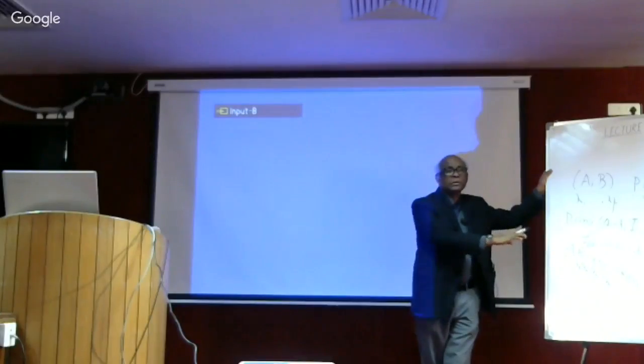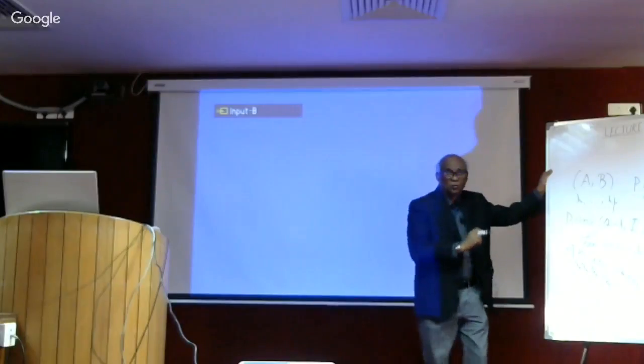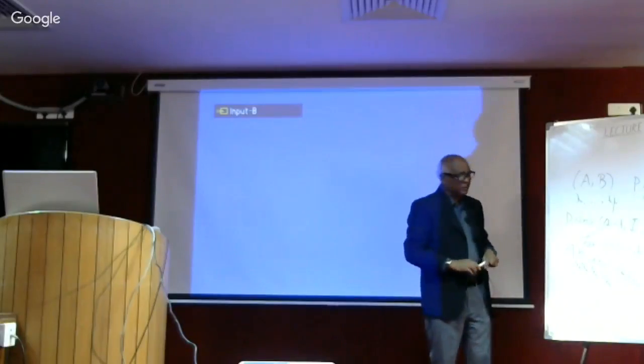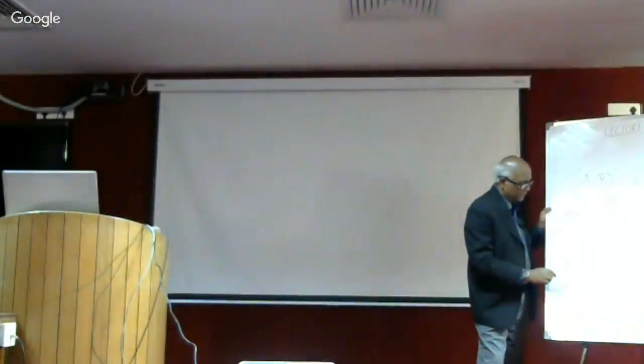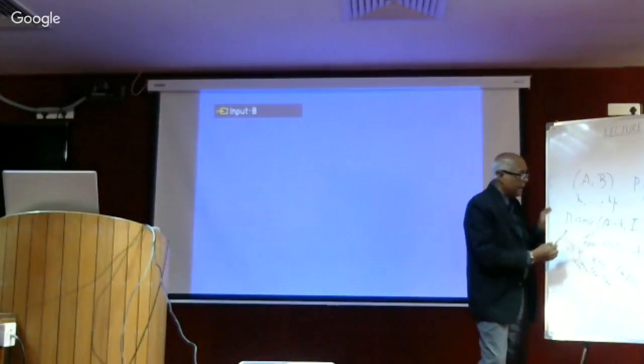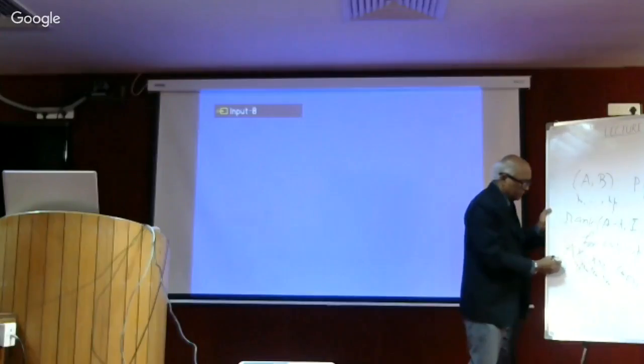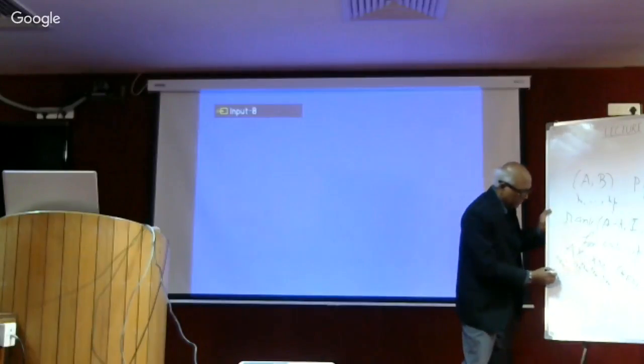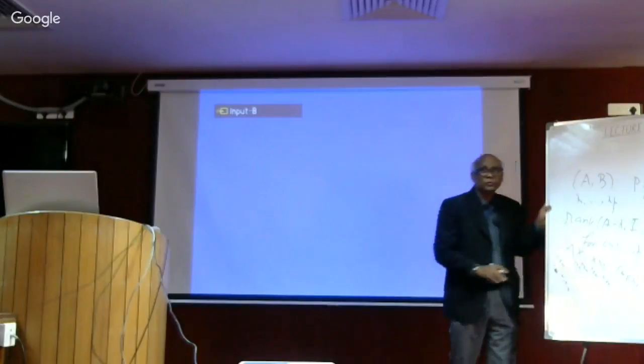Suppose this equation holds. It means that, you see, A has n eigenvalues, right? Suppose you partition them into two sets, m and n minus m.